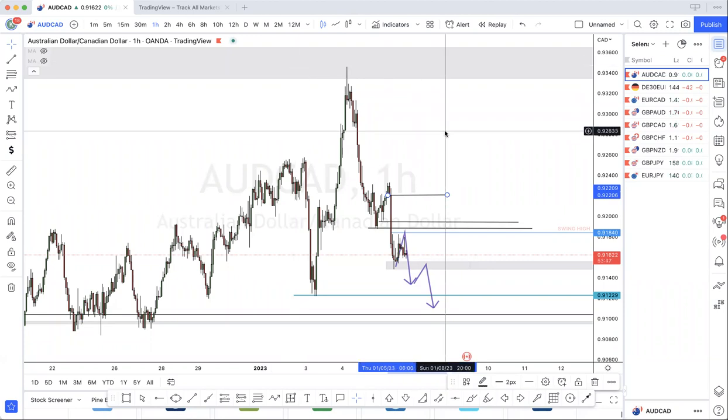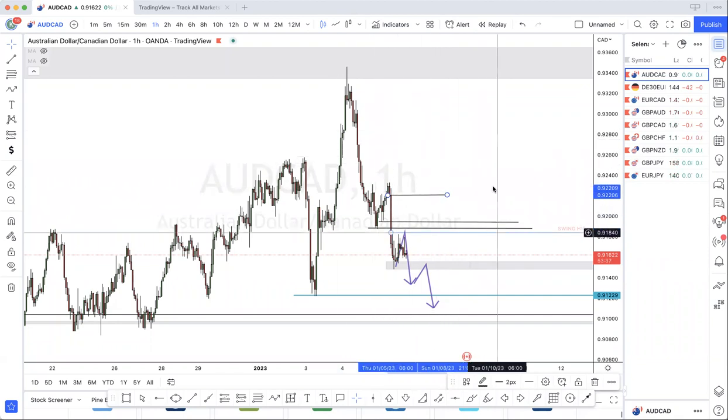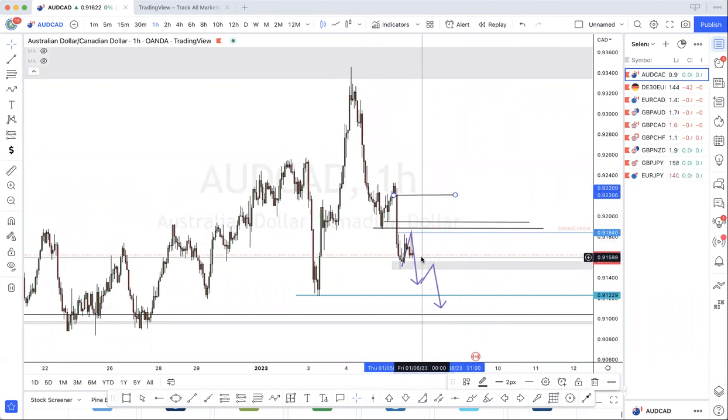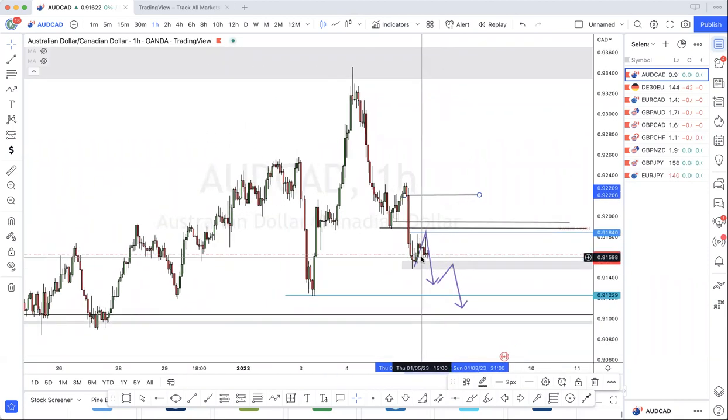Okay. Does everybody understand how, once you go down to the lower time frames, just like I just said right here, to then get in the trade? When it pulls back, right? Then we get in for a sell down.